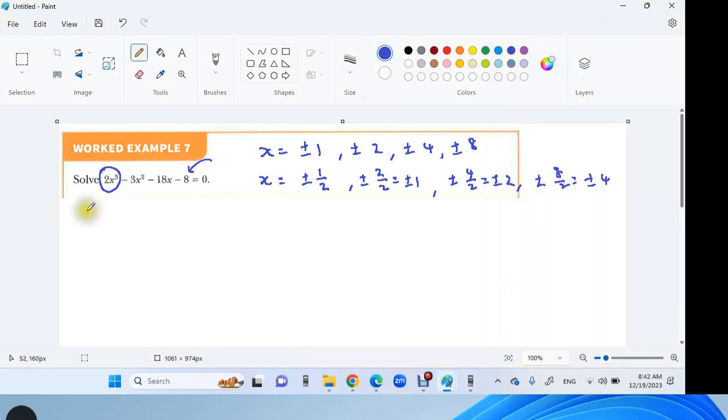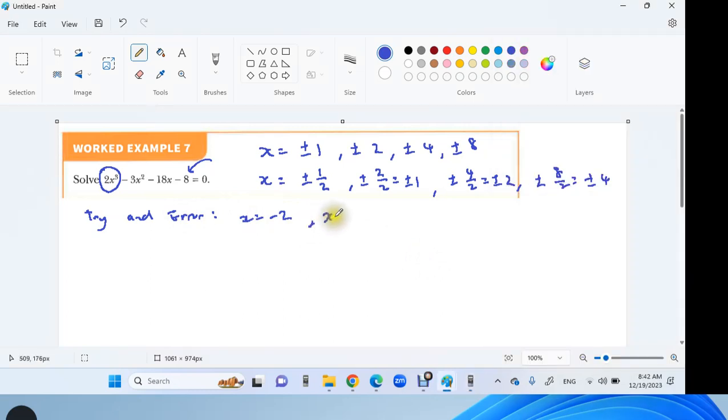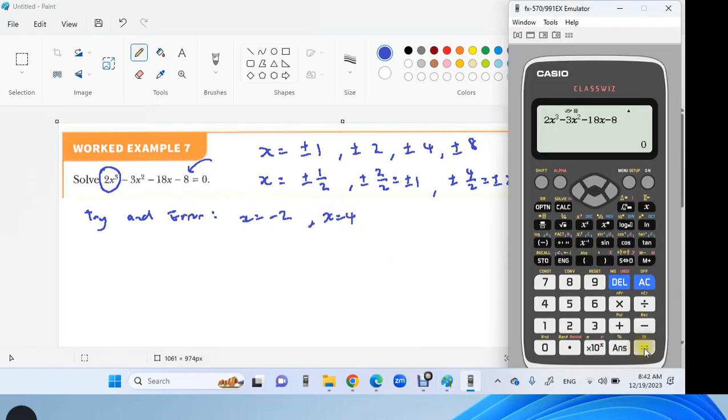So we are using trial and error. So we have x equal to -2. And I continue with 4. 4 is one of the roots. x equal to 4. And then we try with -4. No. 8.